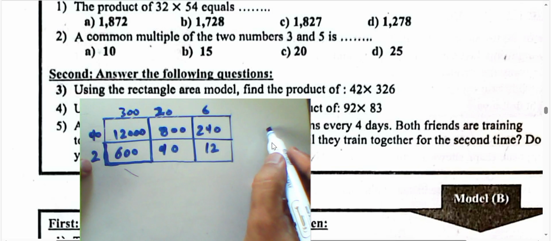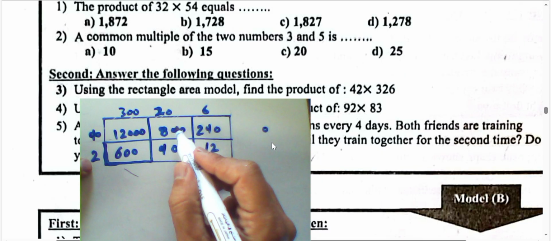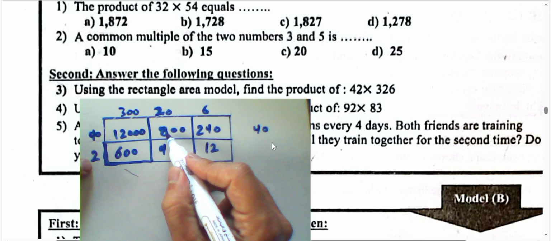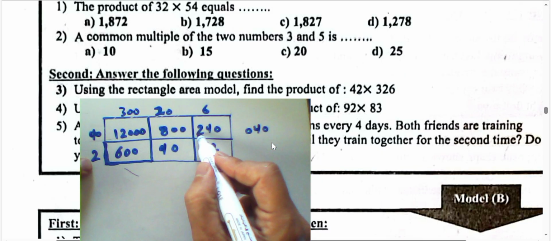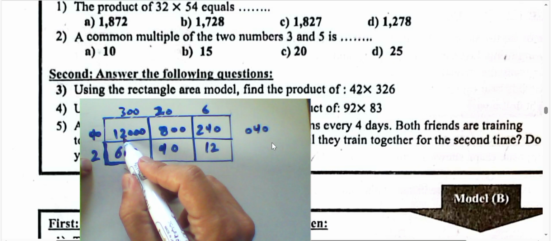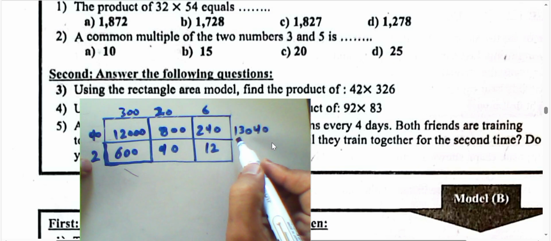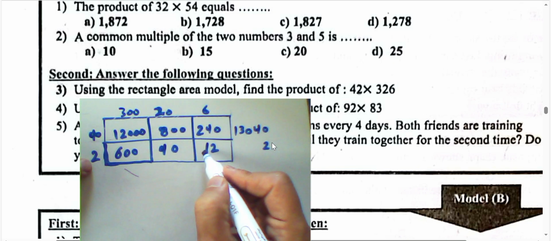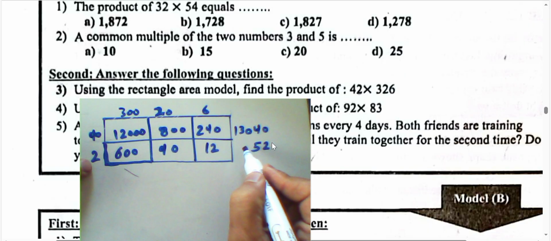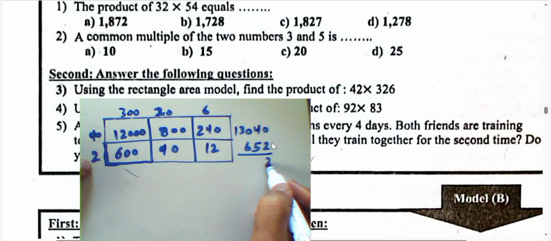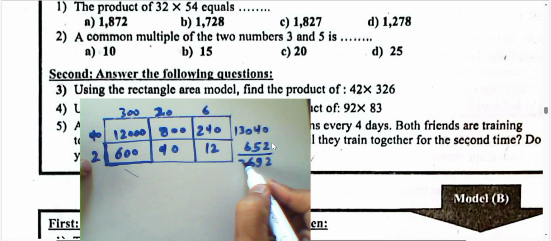Add together. 0 plus 0, 0 plus 0, 4 plus 0 is 4, 2 plus 8 is 10, write 0 and carry a 1. 2 plus 1 is 3, and write 1, and here 2, 1 plus 4 is 5, and then write 6. Then 2, 5 plus 4 is 9, 6, 3 and 1.